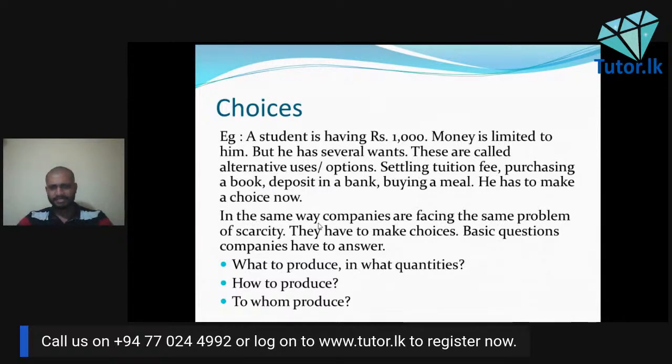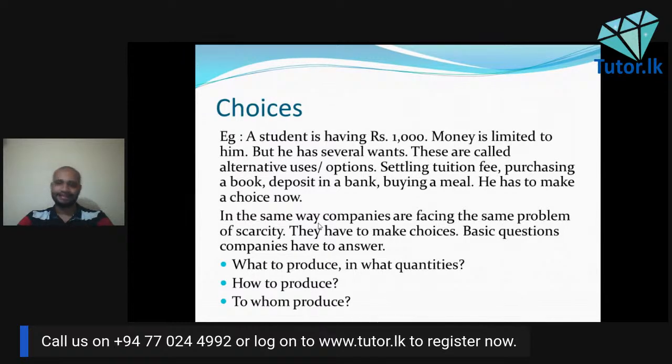His preferences would be like this: buying a meal, deposit in a bank, purchasing a book, settling a tuition fee. So his first preference is buying a meal. His second preference is deposit in a bank. Third preference, purchasing a book. Finally, settling a tuition fee.